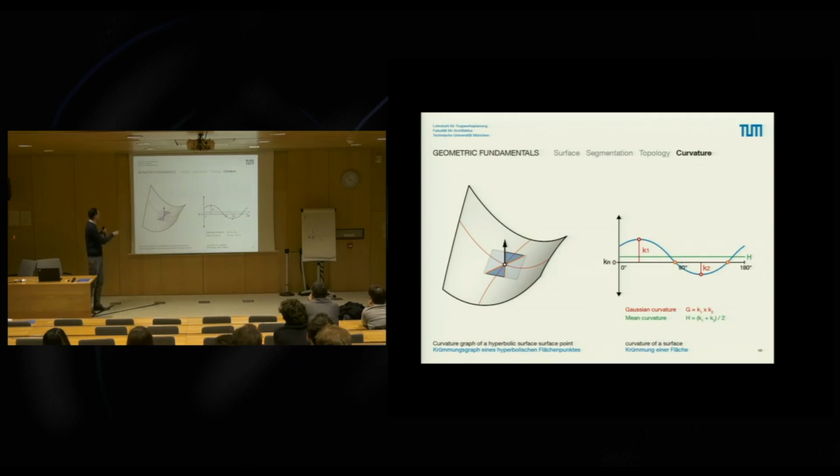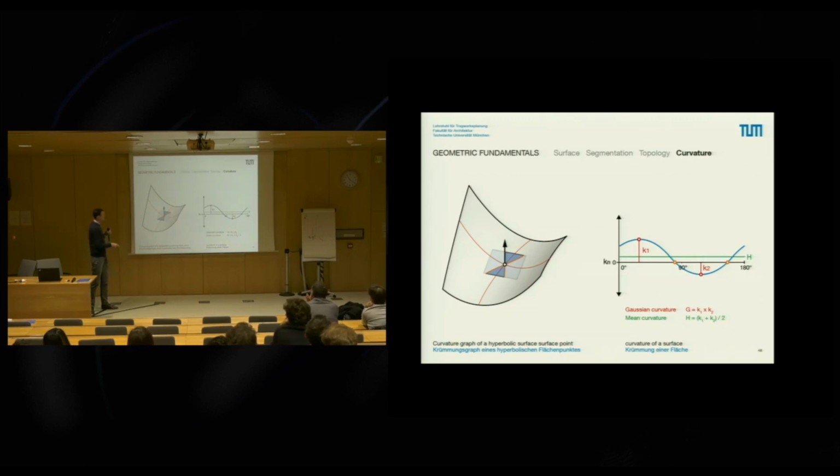Let's say we have a surface, and we can cut through the normal vector at any point and measure its curvature, and what we will get is the sine curve. And the sine curve would have a maximum, which will be, for example, this direction. That's principal curvature 1. And it will have a minimum down here. That's principal curvature 2.